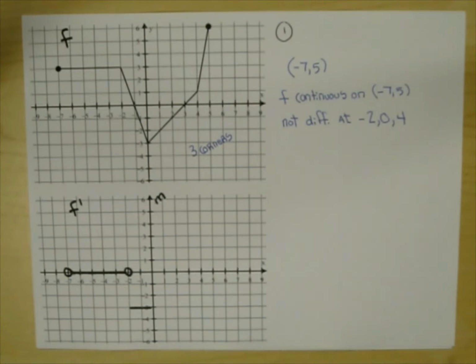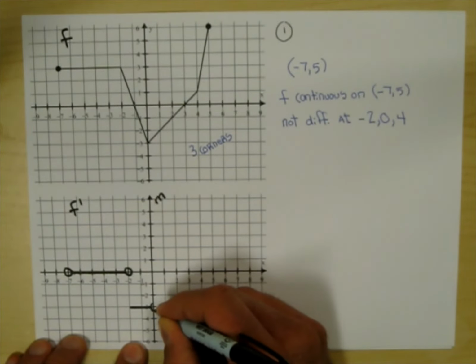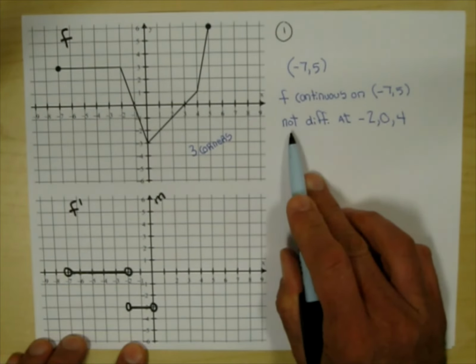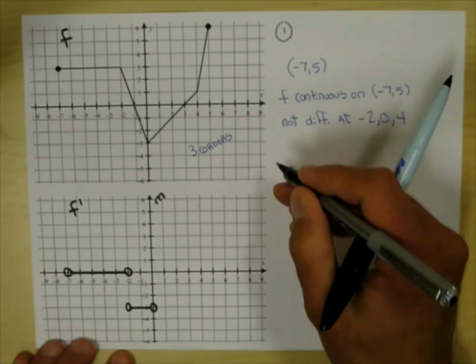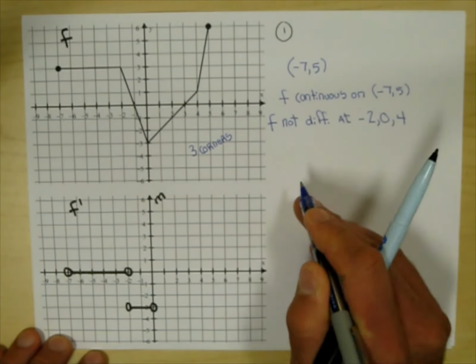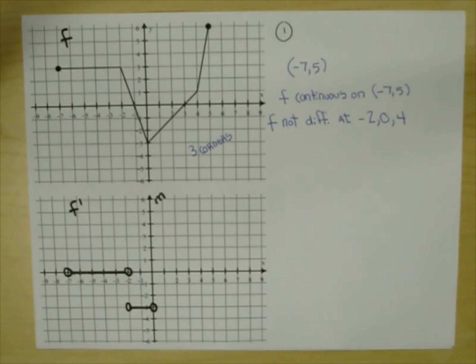And at the corners, we're going to put open circles. At the corners, your graph is not differentiable. Okay, so maybe I should put f is not differentiable at those x values.